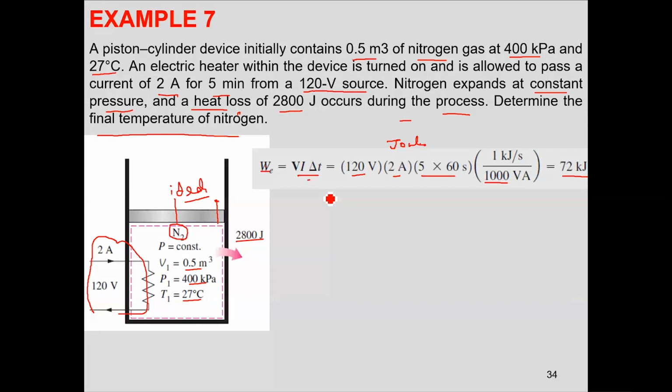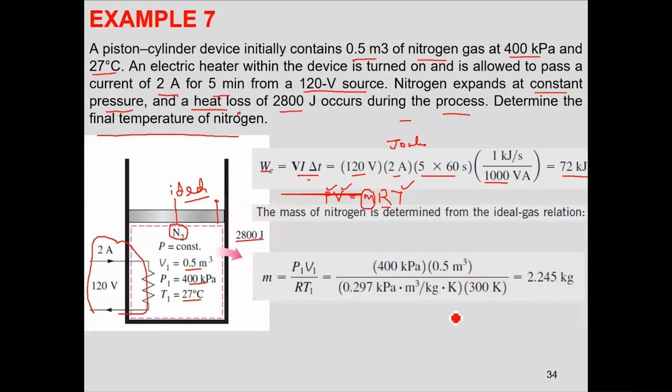I have mentioned the word ideal gas. The ideal gas equation is PV equals mRT. Pressure is given to you, volume is given to you, temperature is given to you. I have already mentioned that the gas constant R for different gases is mentioned in the tables at the back of your book. So you can find out the R constant for nitrogen, and that would give you the mass at this condition.